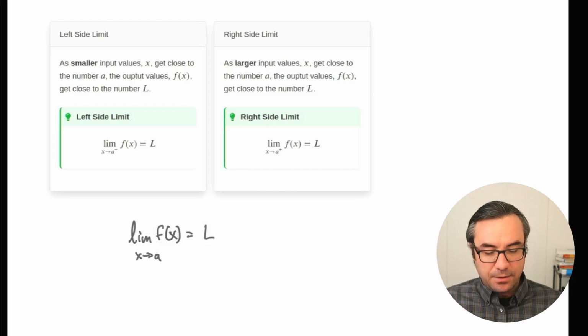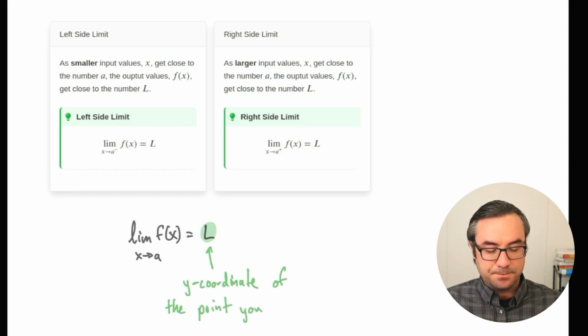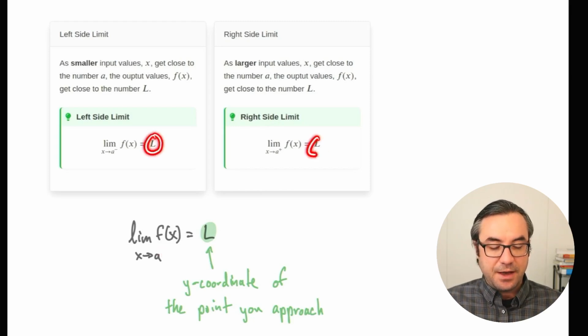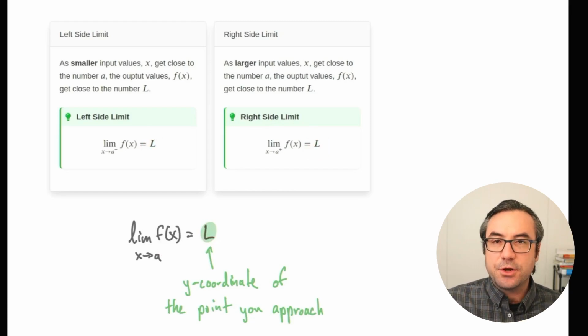This value L is the location. This is the y coordinate of the point you approach. So this is true for left limits and right limits. Whatever the value of your limit is, that's the y-coordinate of the point that you're approaching.